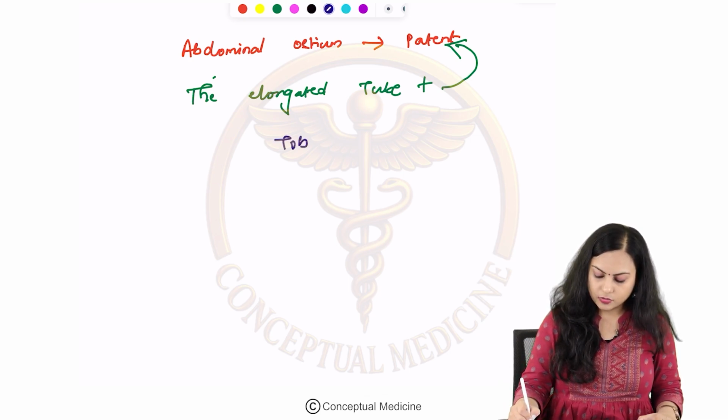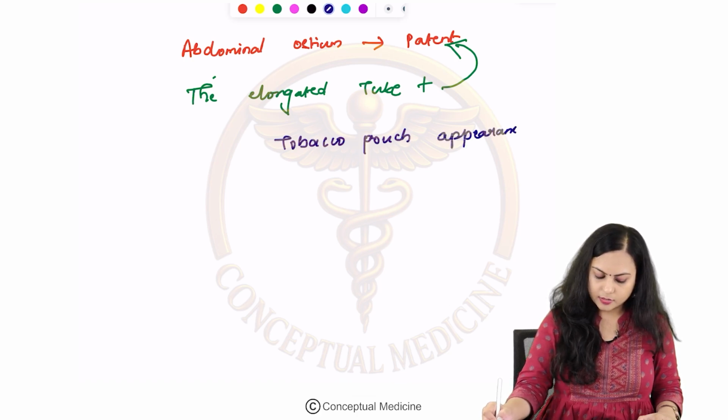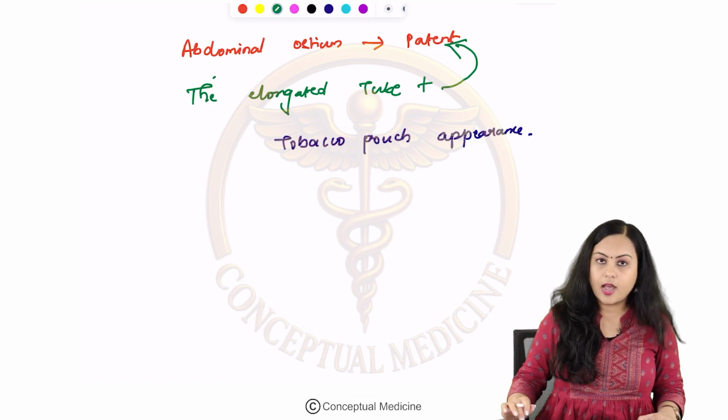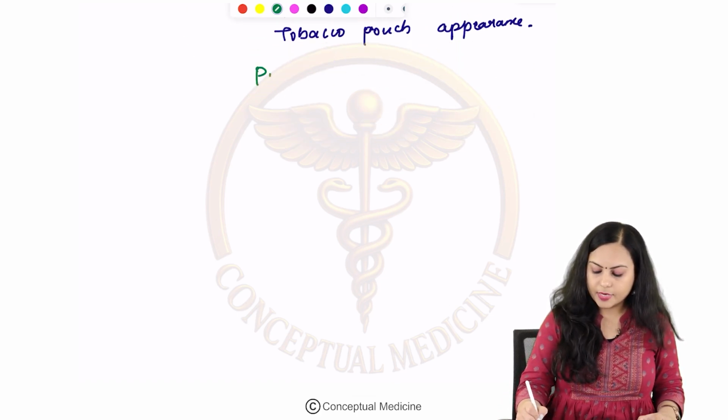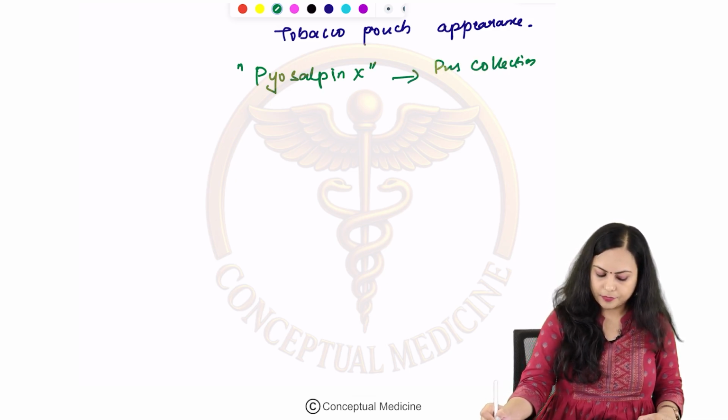So this appearance is known as tobacco pouch appearance. And following this, there can be collection of pus inside, which is known as pyosalpinx.